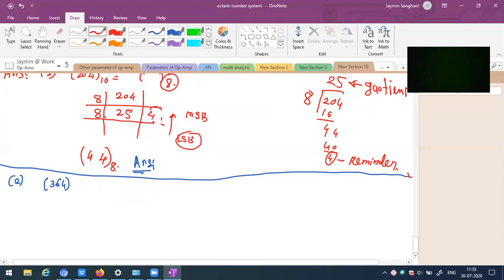But if 8 divides 25, then 8 3s are 24, remainder is 1, and 8 divided into 3 gives 3. So 314 is the final answer. It is known as least significant bit, and this is the most significant bit.